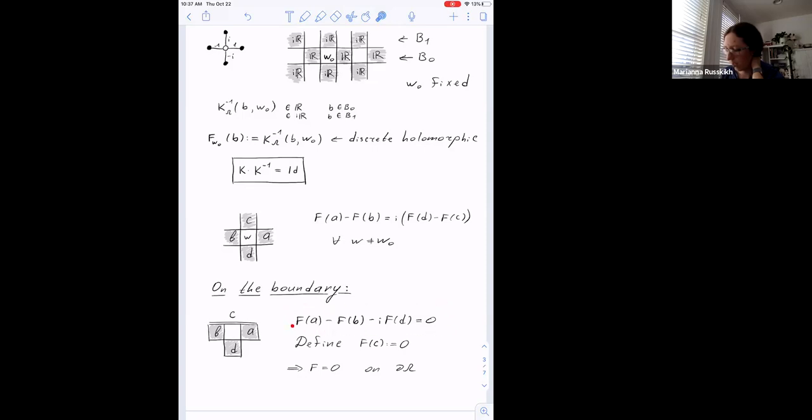What I can do is extend this function on black faces to be 0 on this boundary square. So just define it to be 0, which means that now we have a discrete holomorphic function. So it satisfies those relations. It is a discrete holomorphic function with 0 boundary conditions on the boundary. And the discrete holomorphic function is defined uniquely by those boundary conditions.